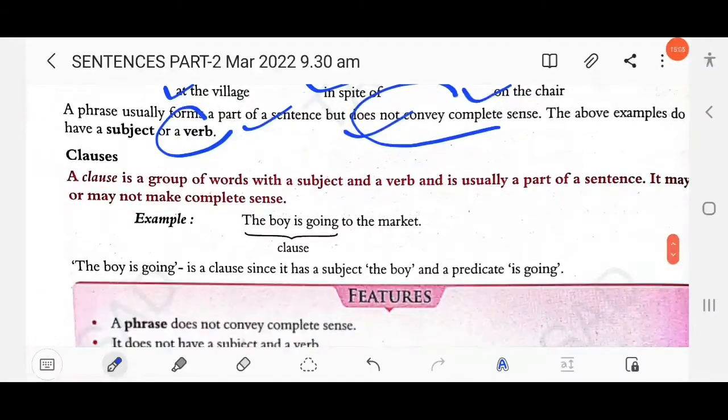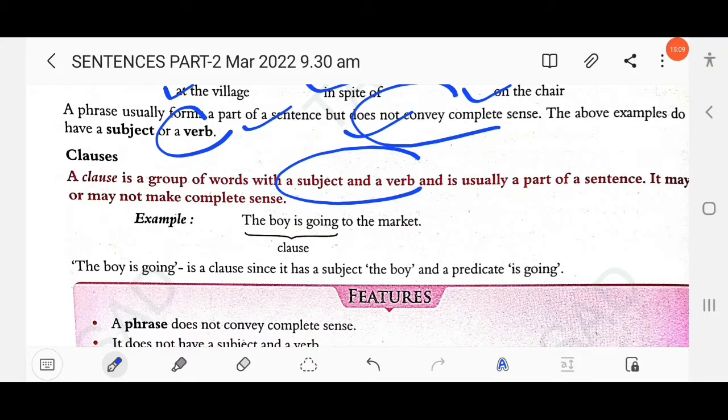Clear? So, clause. A clause is a group of words with a subject and a verb. So what is the difference between a phrase and a clause? In a phrase there is an absence of subject and verb, and in a clause there should be the presence of a subject and a verb. For example, the boy is going. Here the subject is the boy, and the predicate is is going.